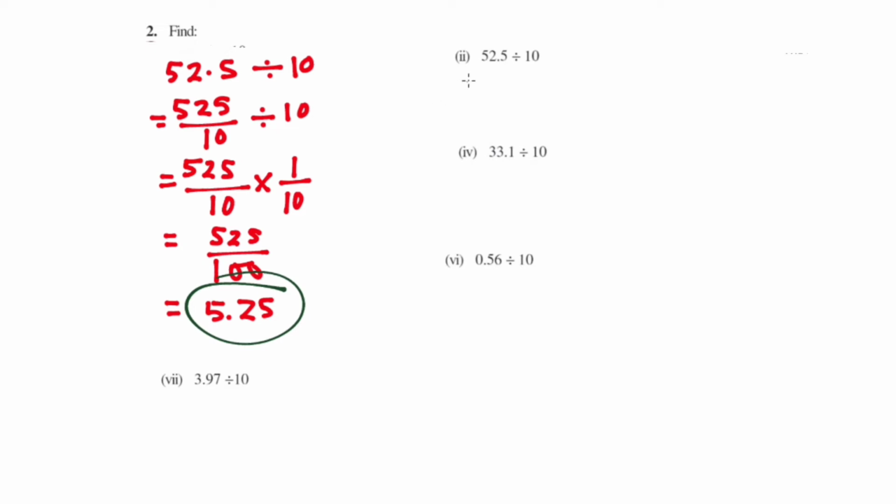Clear? So let's do this part. Having 1 zero, if we shift this decimal point, the decimal point should be here, right? So our final answer will be 5.25. Clear? Where 5 is a whole number and 25 is a decimal part. Understood what we have done?